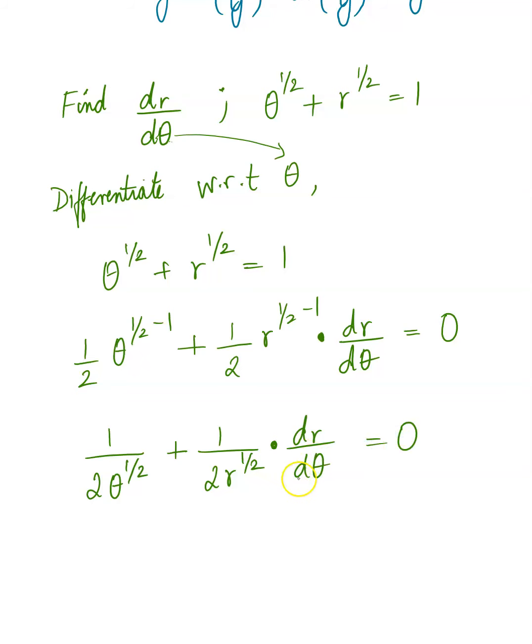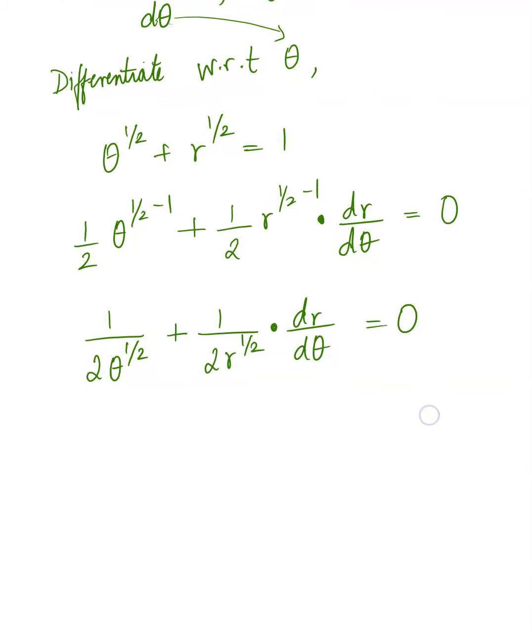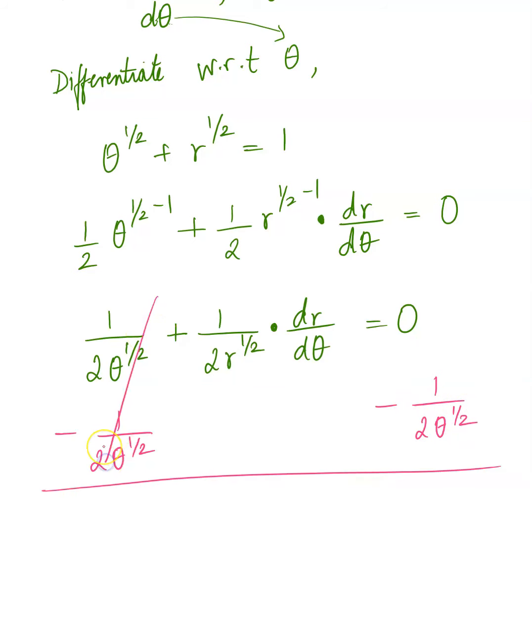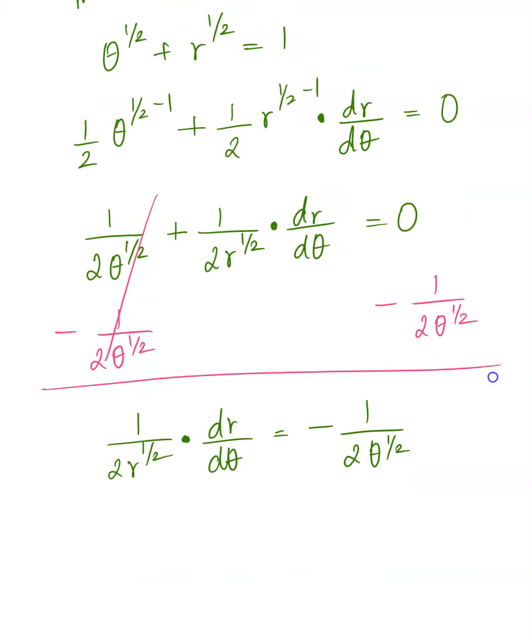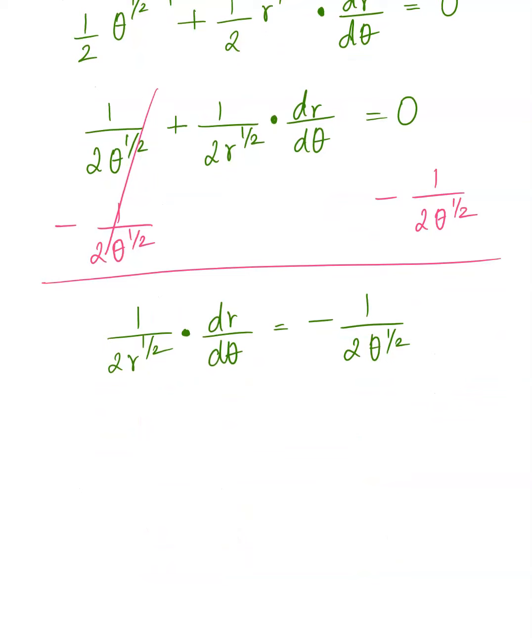Now I have to get dr over d theta by itself. So I subtract 1 over 2 theta power half on both sides. That goes away. One last step.